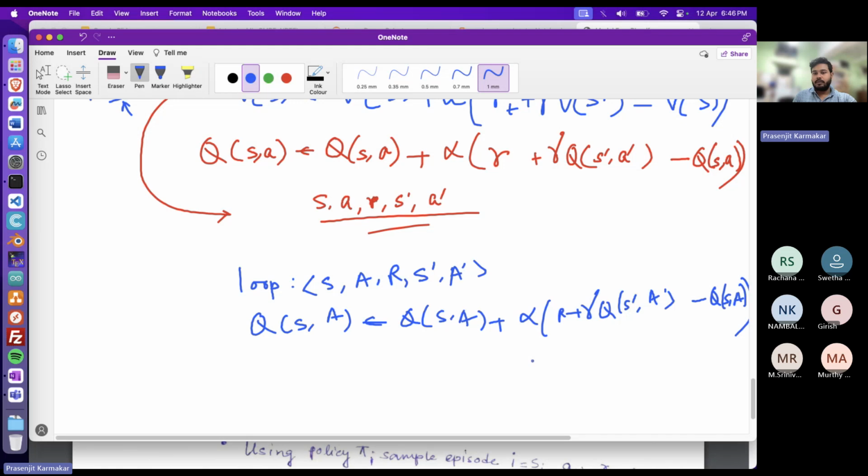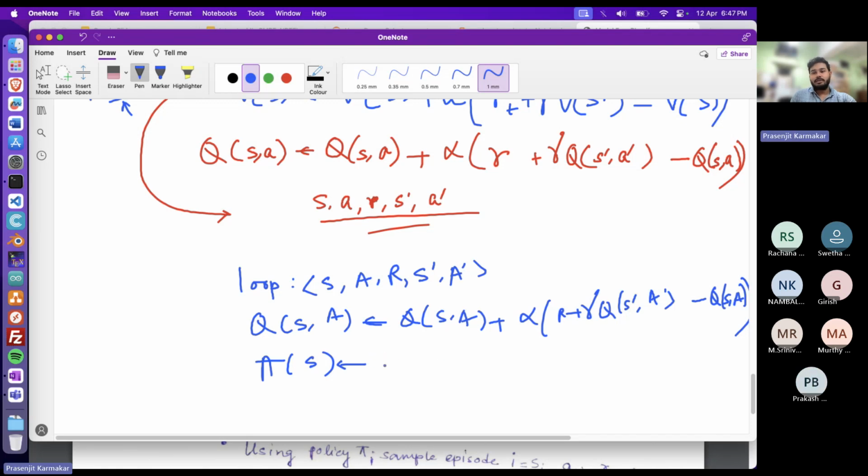Now how can I improve my policy next? A given S is actually, and you can think of it as not a probabilistic policy, so I can think of pi(S), whatever action I will take.